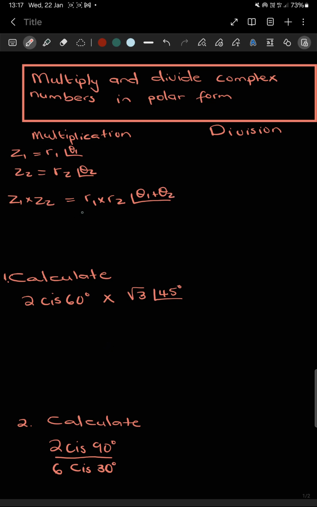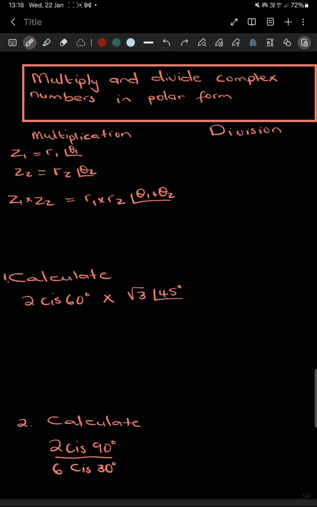So the theorem says you are going to multiply your modulus and add your arguments when you're multiplying complex numbers in polar form.